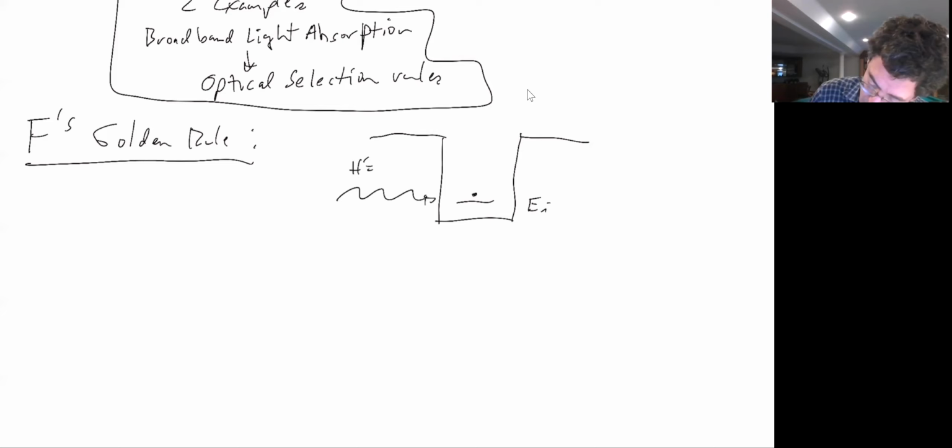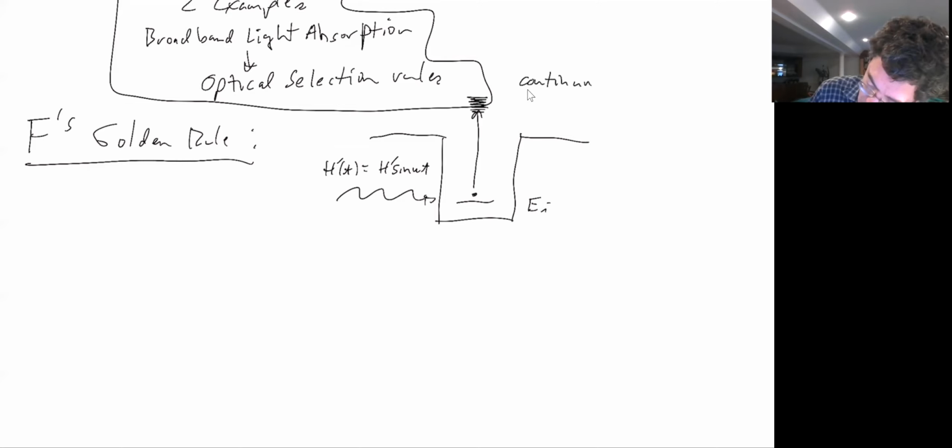H prime equals, what do we call it? H prime sine omega t. Let's call it H prime of t. And then the idea was if omega gets us out of the box, then we have a continuum.